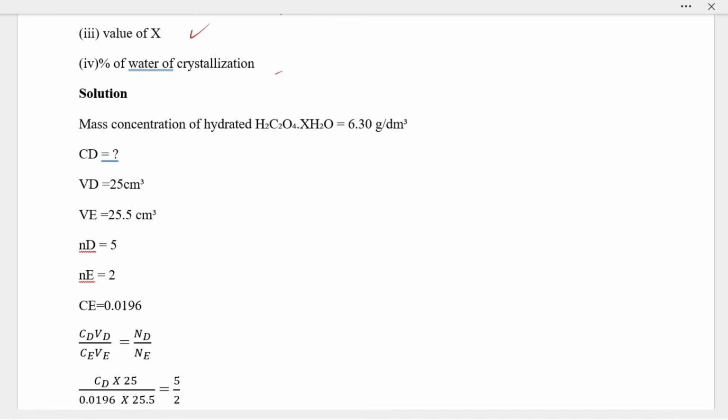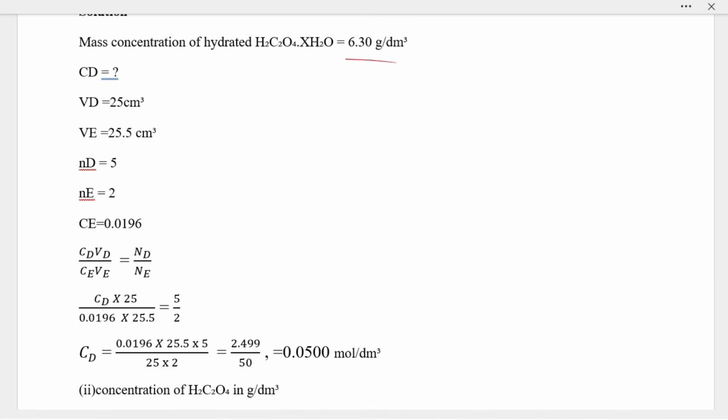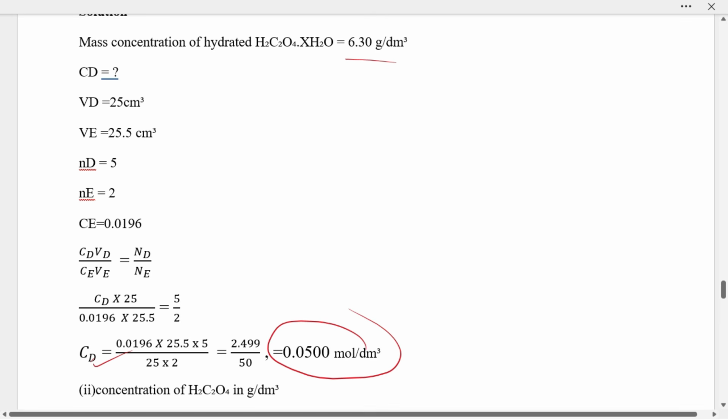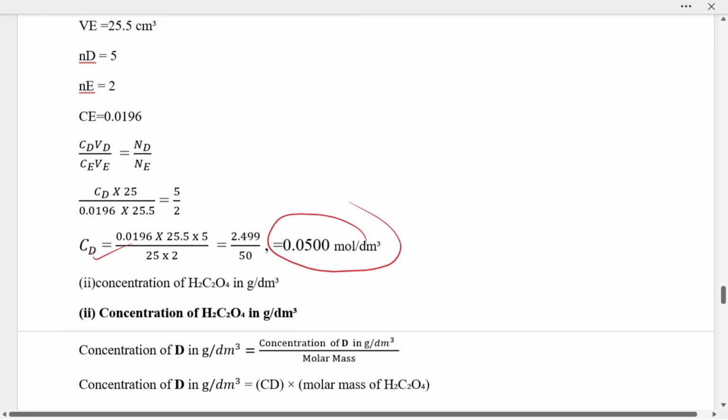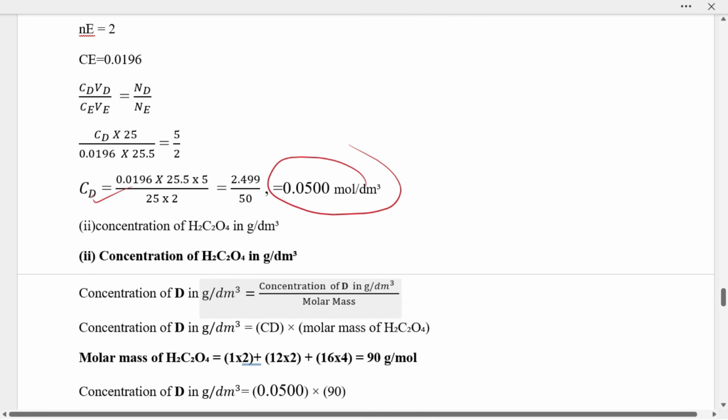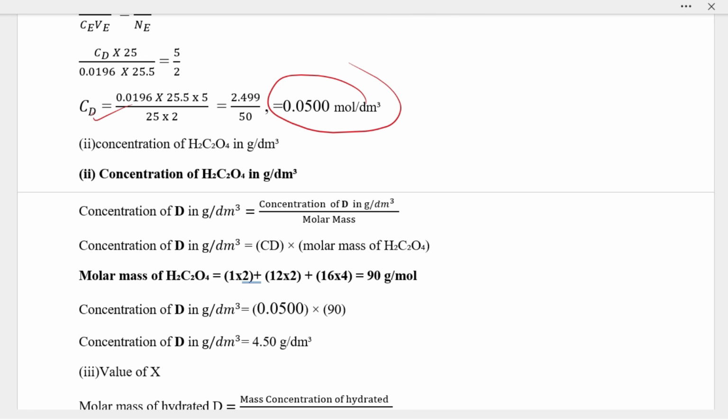We have been given the value of 6.3. That's for this. You go through the same route for calculating our CD. Then you have this as the concentration of H2C2O4 oxalic acid in mole per dm³. So let's take it to gram per dm³. Also calculate the molar mass to be 90. Then you cross multiply.